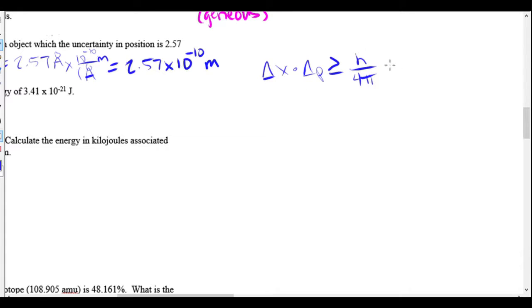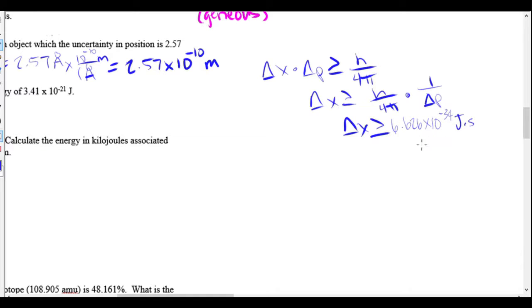We're going to rearrange that so that our delta p is greater than or equal to h over 4 pi, and then, just so we don't have any confusion, I'm going to multiply that by 1 over delta x. That's the same thing as dividing by delta x. And so our delta p is going to be greater than or equal to 6.626 times 10 to the negative 34 joule seconds divided by 4 pi, times 1 over what we have here.